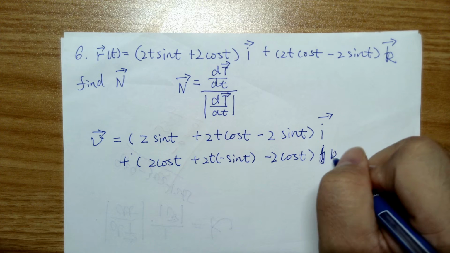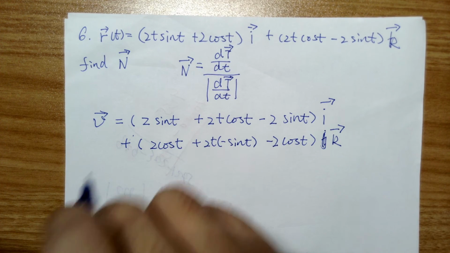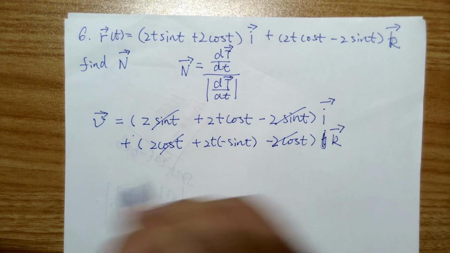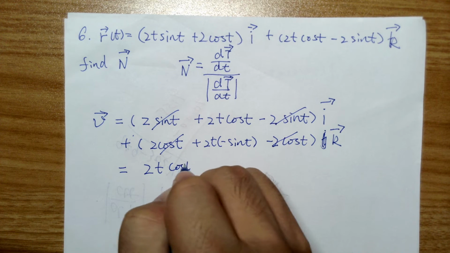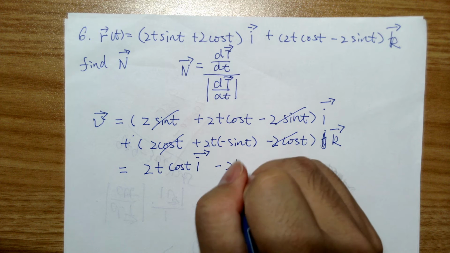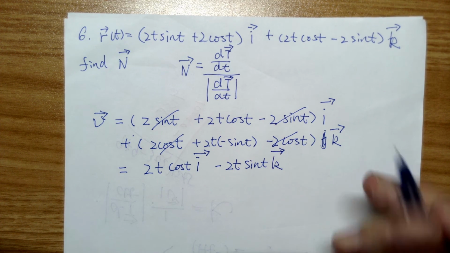Actually this part is going to be k. So we have 2t cosine t i minus 2t sine t k.